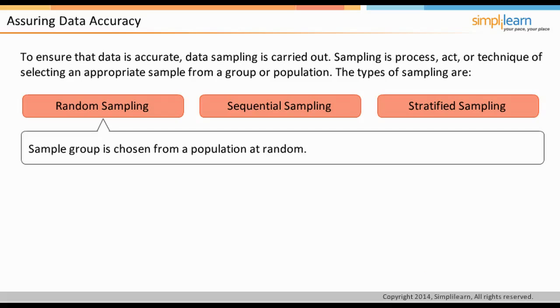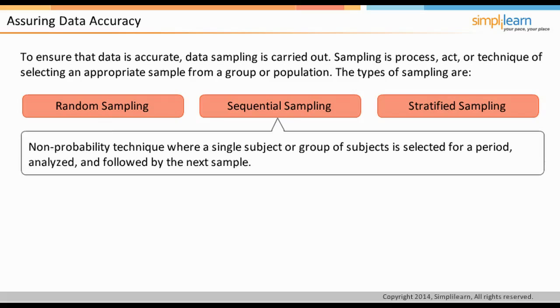Random sampling is the technique where a group of subjects or a sample for study is selected from a larger group or population at random. Sequential sampling is similar to multiple sampling plans, except that it can, in theory, continue indefinitely.